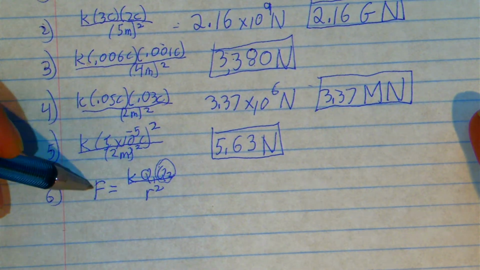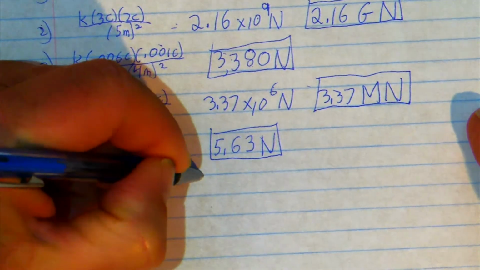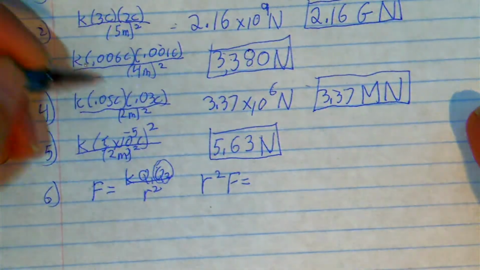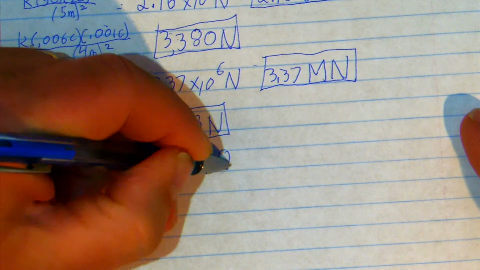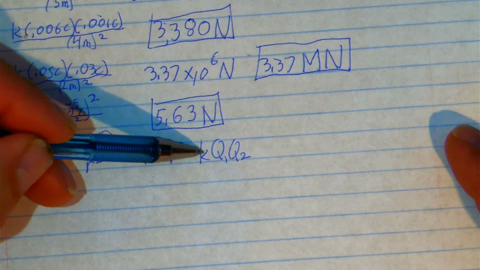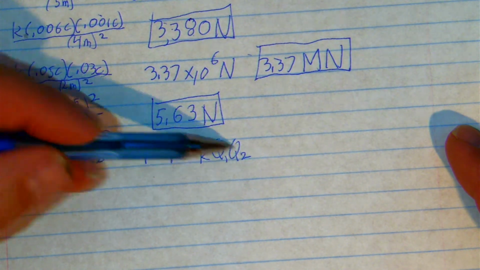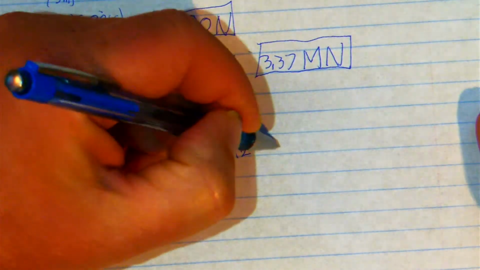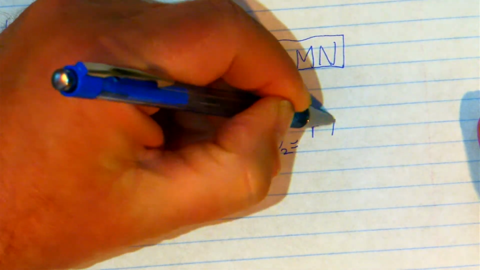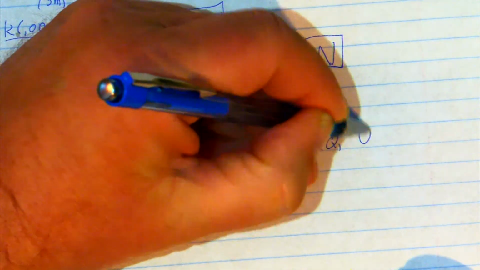Begin by multiplying both sides by R squared. R squared times F on the left is equal to K, Q1, Q2 on the right. Now divide both sides by k. Divide both sides by Q1. You have Q2 is equal to R squared F divided by k divided by Q1.